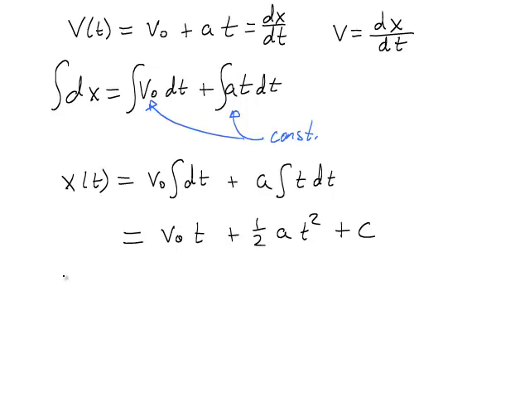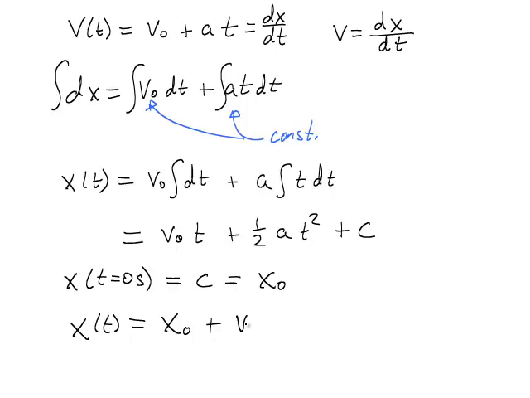What is this constant? Well, this constant again is going to be whatever the initial condition is for my position, and we label this as x naught. Plugging this back in, I get my equation of x as a function of time is equal to my initial position plus my initial velocity times time plus 1/2 the acceleration times time squared.